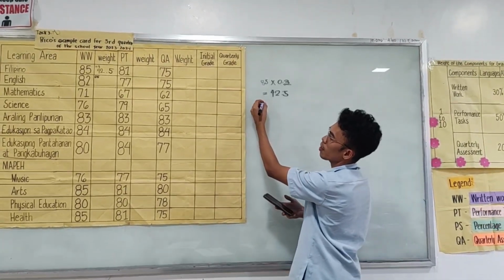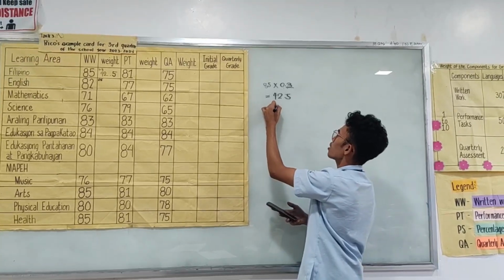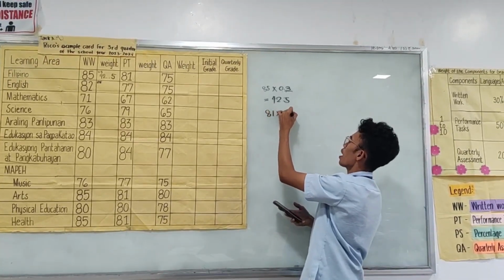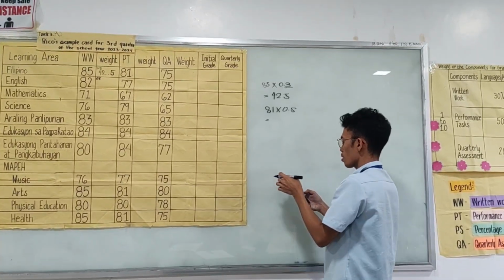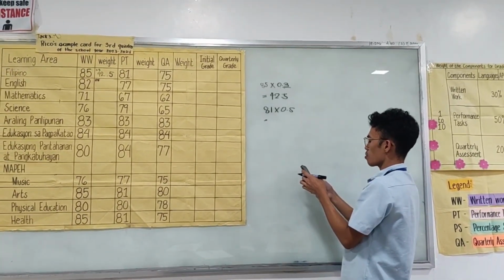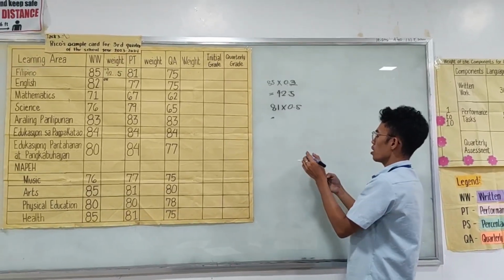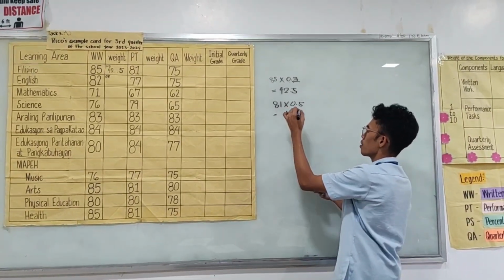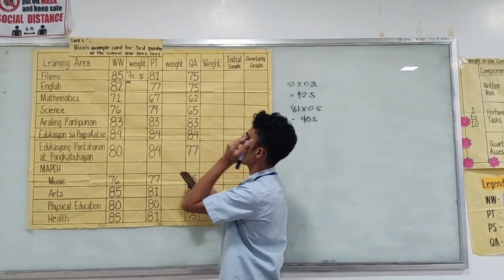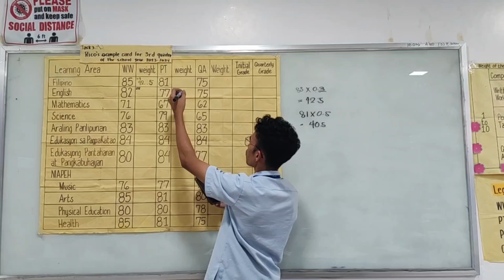We just need to multiply 81 times 0.5, since 0.5 is the weight component, so it equals 40.5. So the weighted score of the Filipino performance task is 40.5.